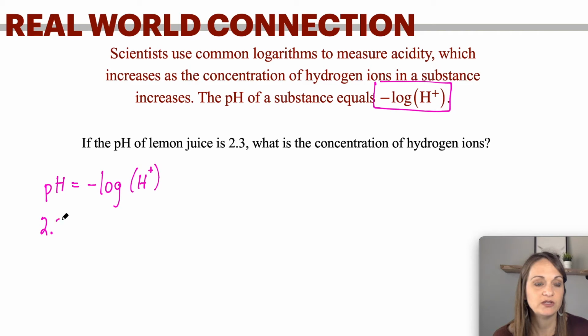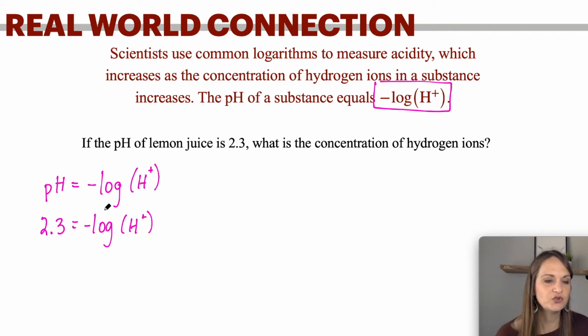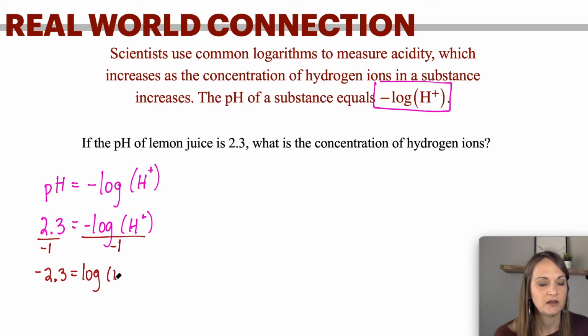You're going to substitute 2.3 in for the pH, and in order to rewrite this, I first need to get rid of my negative. So I'm going to divide both sides by negative 1. So I know that negative 2.3 is going to give me log of my hydrogen ions. Now this log has a base of 10 that is understood.